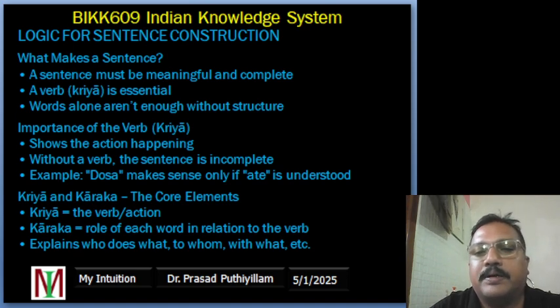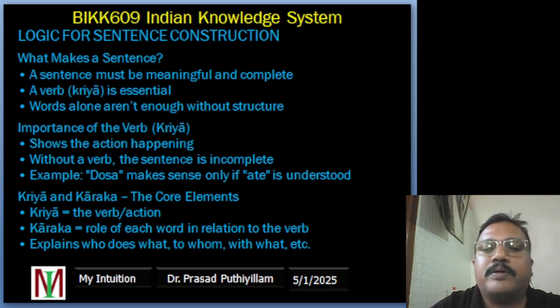For example, the golden rule: a sentence must have a verb, the word that shows the action. Someone asks, "What did you eat for breakfast?" Then just by replying "dosa," people will understand, because "I ate" is not required; the action, ate, is understood from the context.